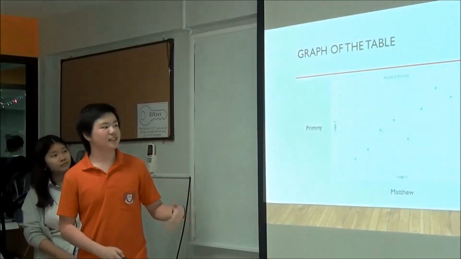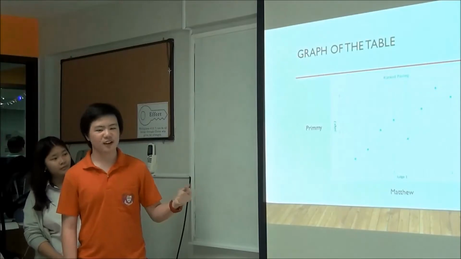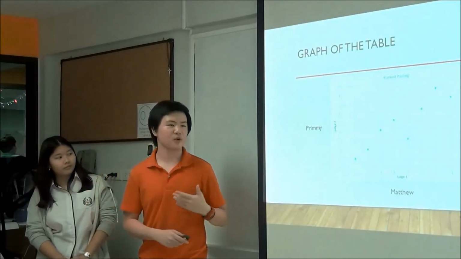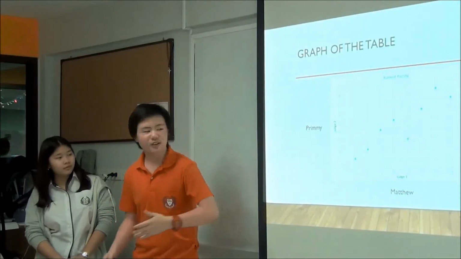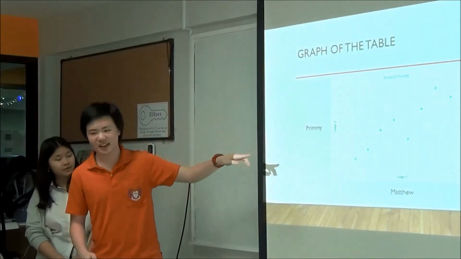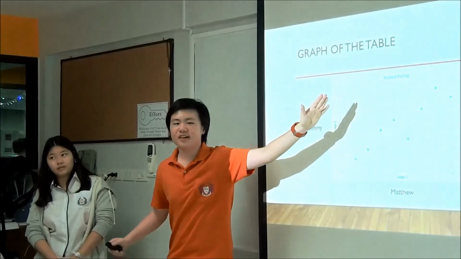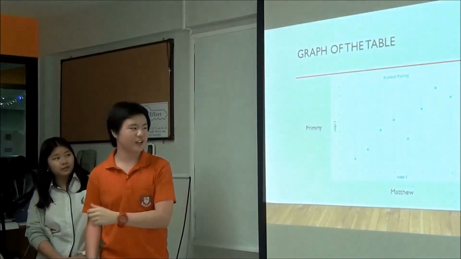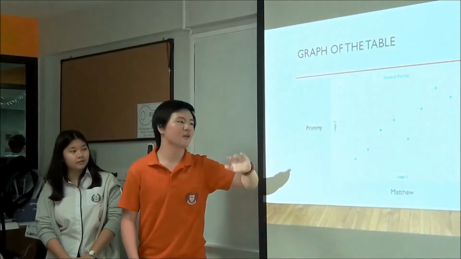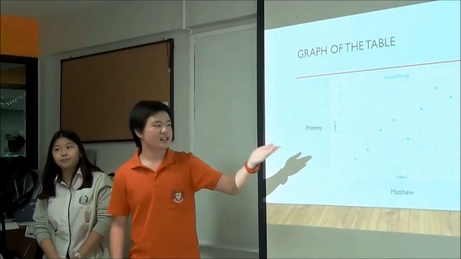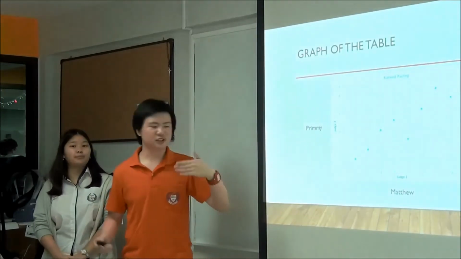So now let's talk about the graph. As you can see, we have a table. To make it simpler to understand, we can draw it out on a graph. So if the dotted lines are in a straight line, we completely agree. But this one, there's a little bit of a dot going out. At first, we were going smoothly.